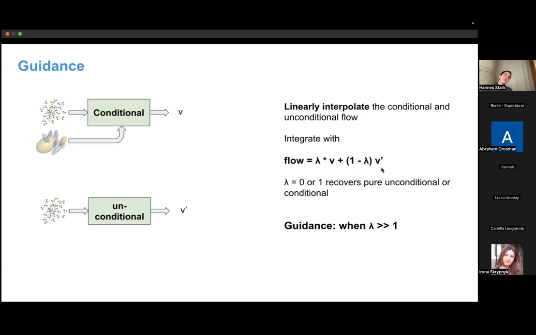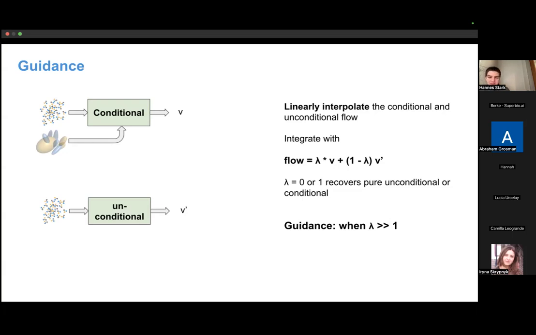Because we have in Multiflow a vector field that corresponds to the rotations of your residues, to the translations of the residues, and you can call it a vector field or a generator for the discrete transitions that you make for your sequence, because you're jointly generating a sequence and a structure.